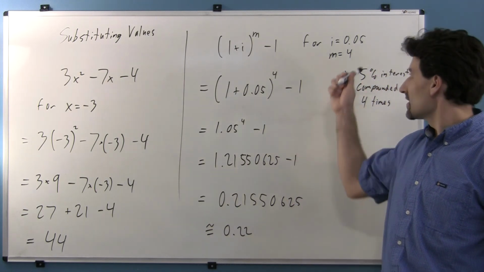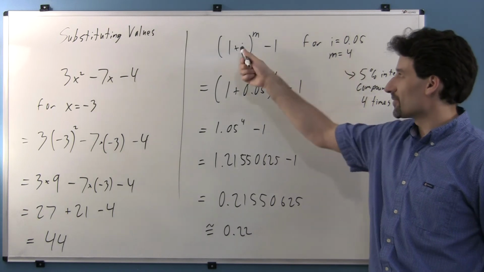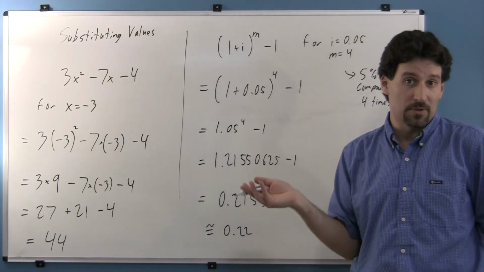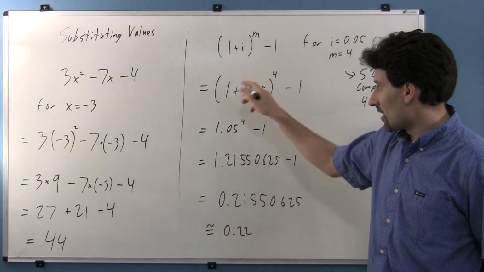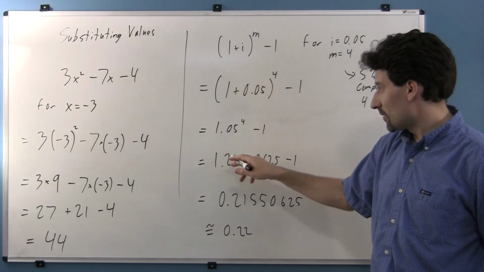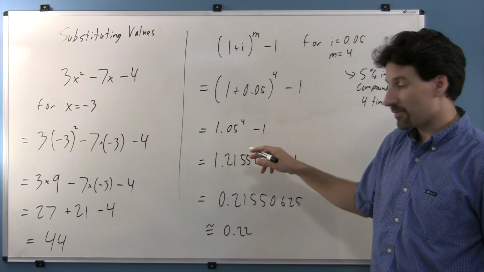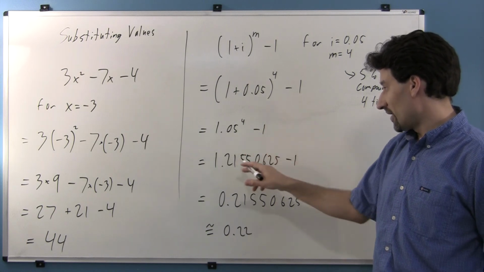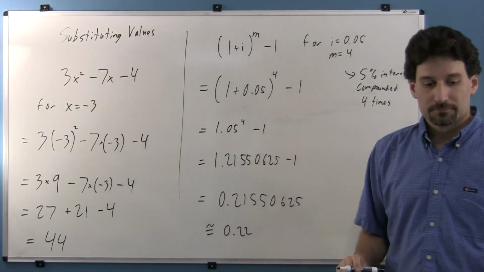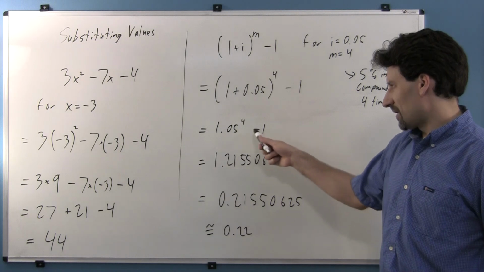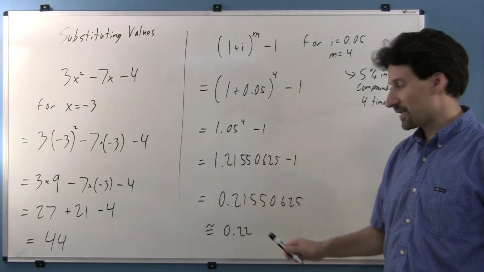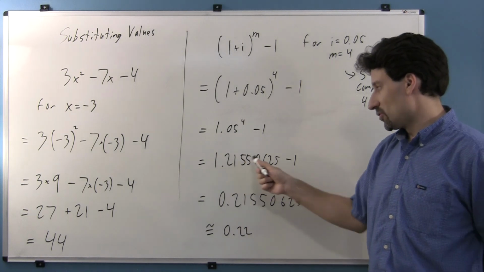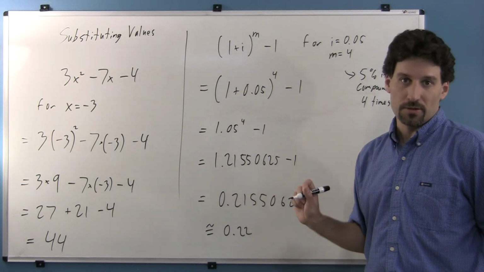But for our purposes, were you able to identify the numbers, put them in, and then solve the statement like you would with Bedmas? So we solved inside the brackets, then we did the exponent. The exponent was outside the bracket, but then we did that next, and then finally we subtracted. And feel free to skip steps. Like I say, at this point, I usually wouldn't bother writing this one separately from just going to the next line, because 1.21 minus 1 is just the 0.21. That's easy.